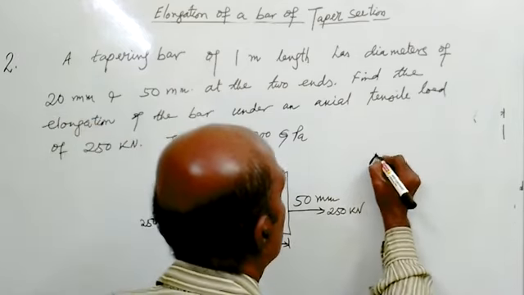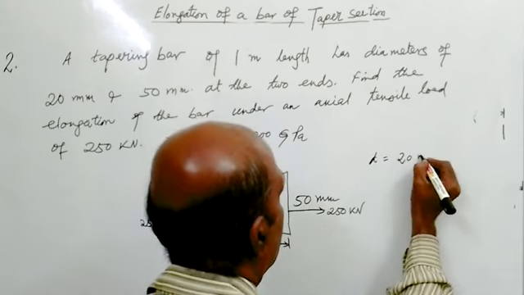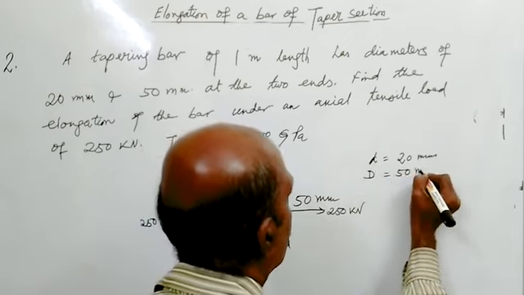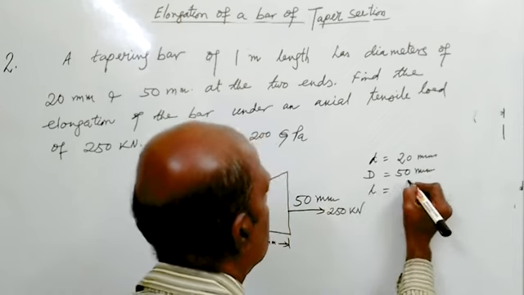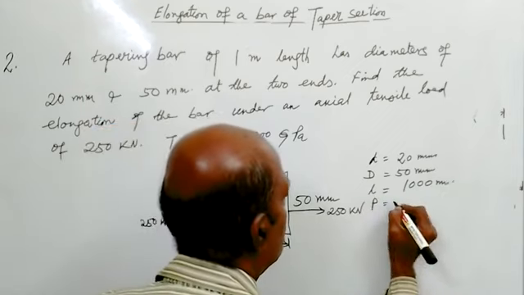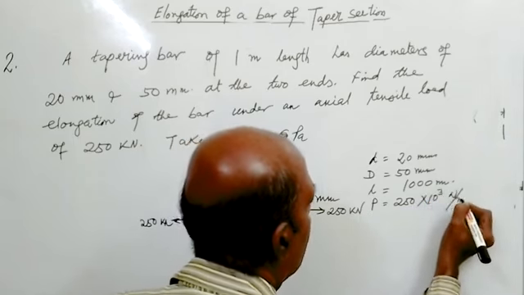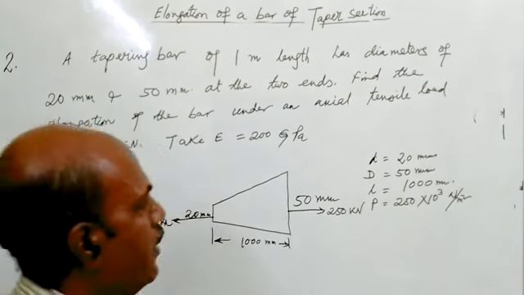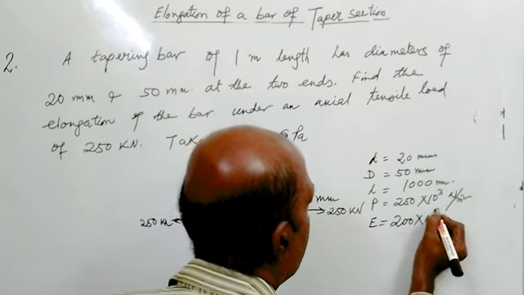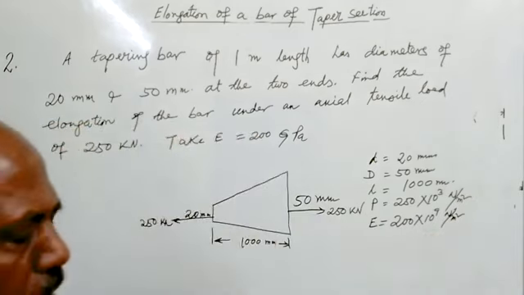So small d is 20 millimeter, capital D is 50 millimeter, L is 1000 millimeter, P is 250 into 10 to the power 3 Newton, and E value is given as 200 gigapascal, that is into 10 to the power 9 Newton per meter square. Now we have to find the deformation of the bar.